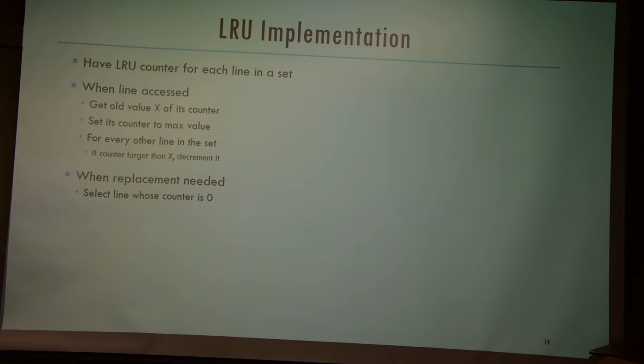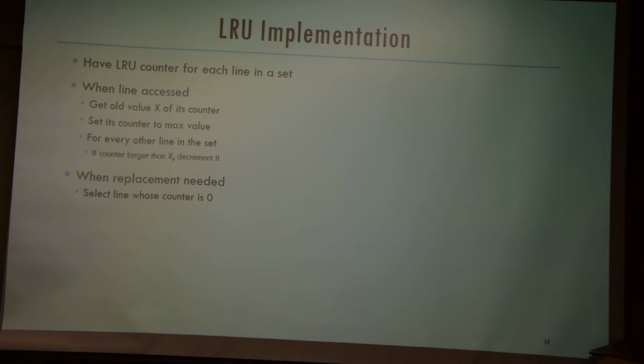So you can have an LRU counter for each line in a set, and when a line is being accessed, you get the old value of its counter. That's one approach. Set its counter to the max value that you originally started with, and for every other line in the set, if the counter is larger than X, you decrement it.